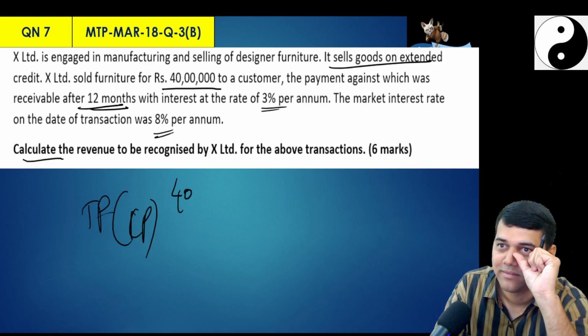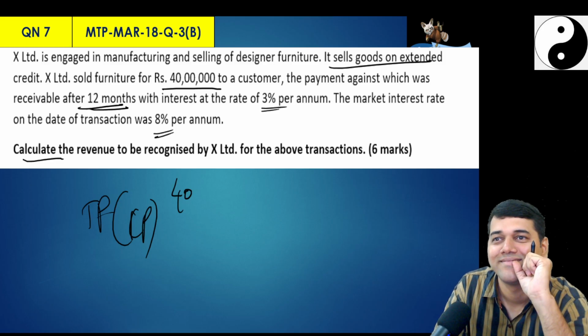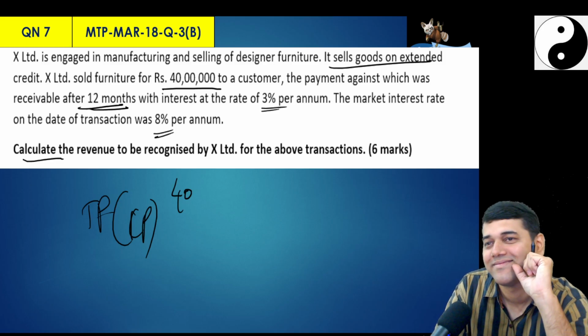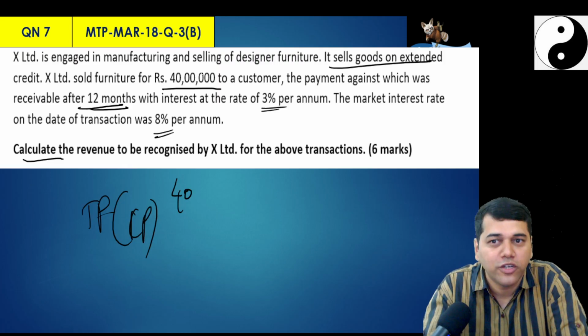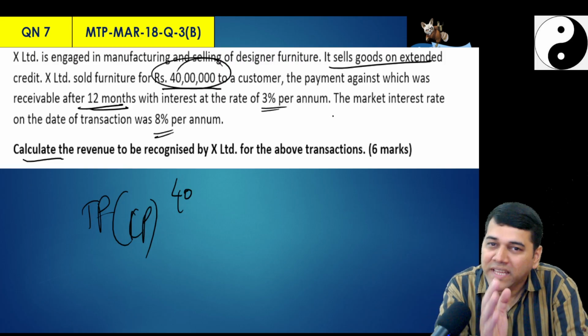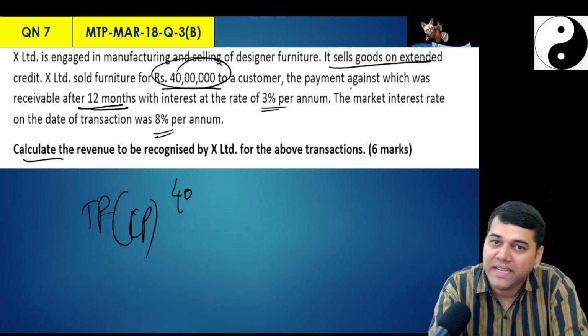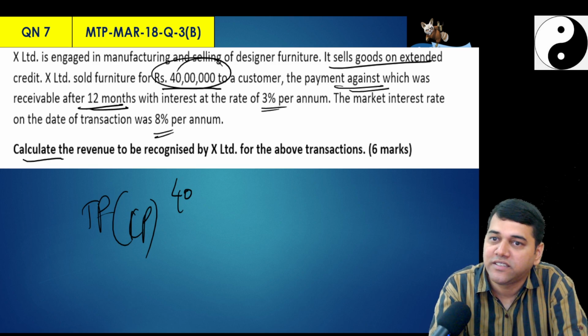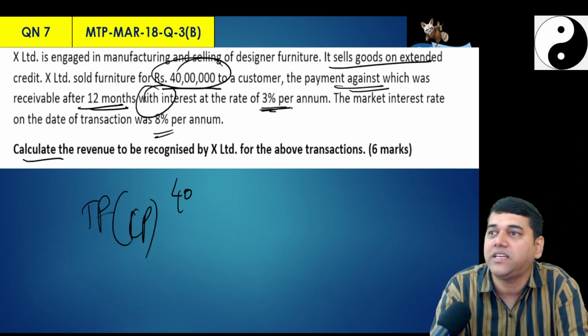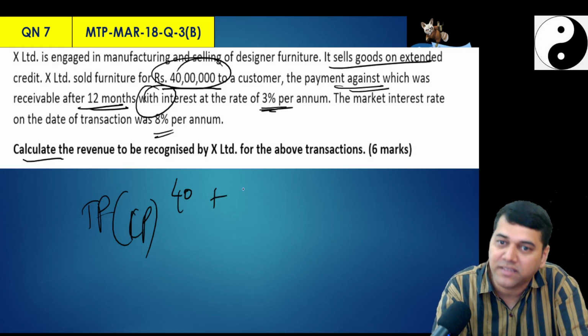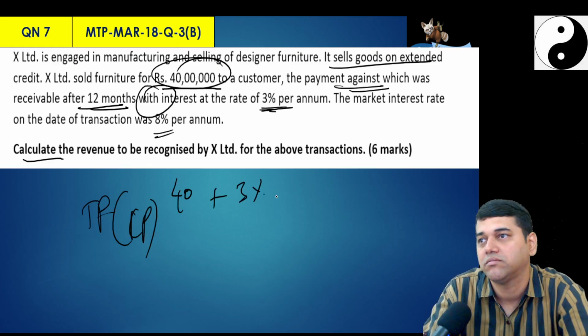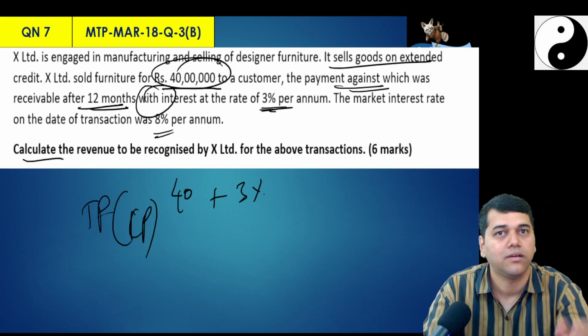40? Baba, you sold for 40, but what he pays you, the payment against which is receivable with the interest of 3. Are you not paying 40 plus 3% interest on 40? Are you not paying?